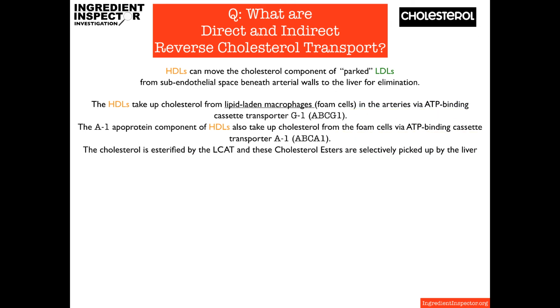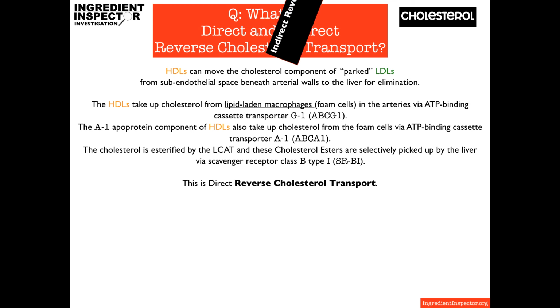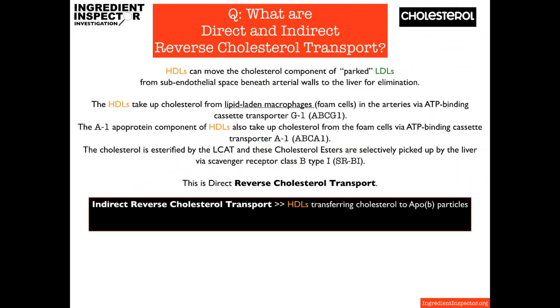The cholesterol is esterified by the LCAT, and these cholesterol esters are selectively picked up by the liver via scavenger receptor class B type 1, SR-B1. This is direct reverse cholesterol transport. Indirect reverse cholesterol transport is the HDLs transferring cholesterol to ApoB particles, 90% of which are LDLs, in exchange for triglycerides.